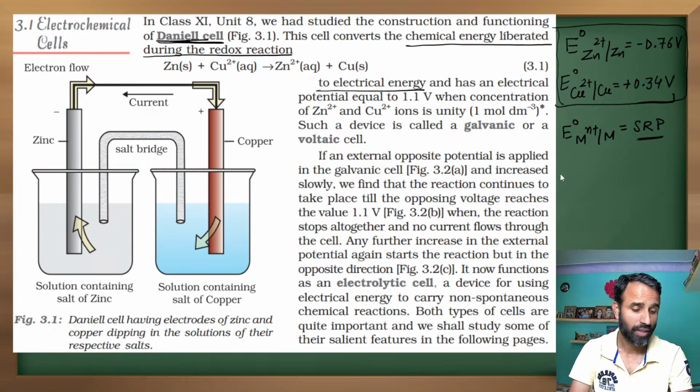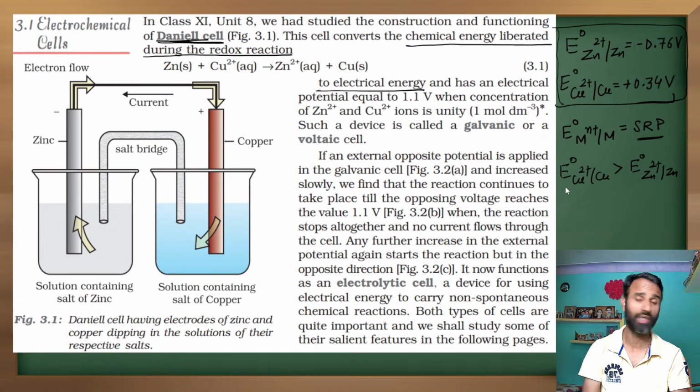So see, the E naught value of copper is greater than the E naught value of zinc, because the value for copper is plus 0.34 volt and the value for zinc is minus 0.76 volt. This way we can have an idea that copper has a higher standard reduction potential than zinc.